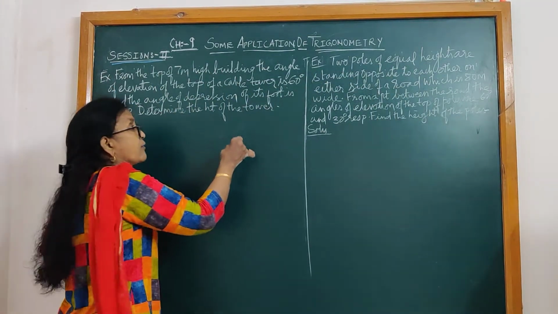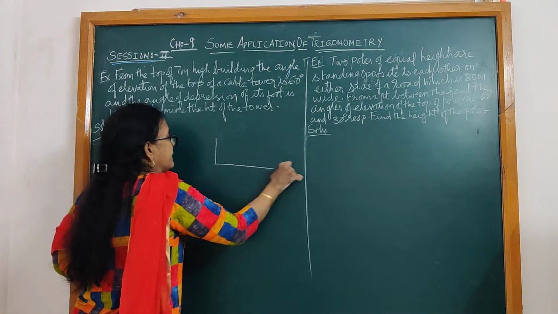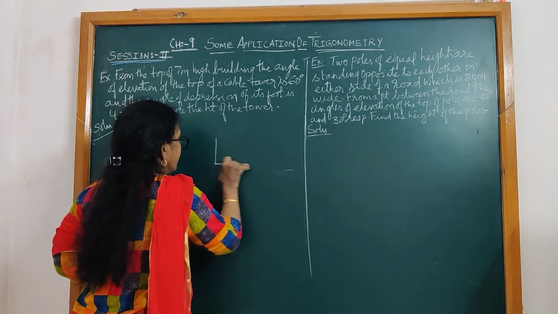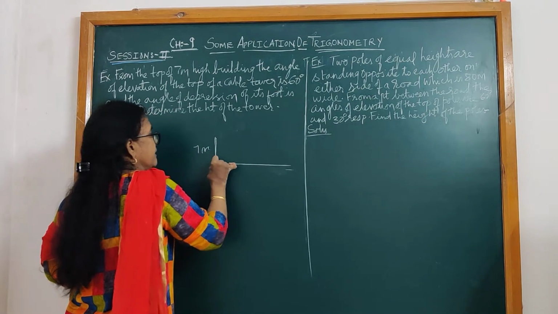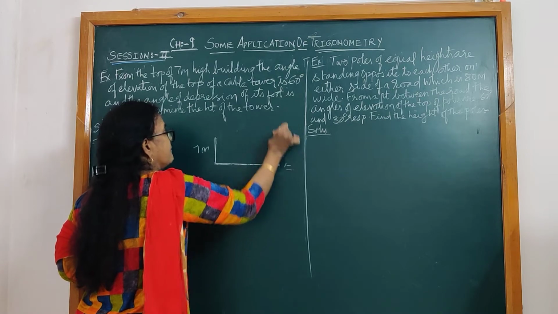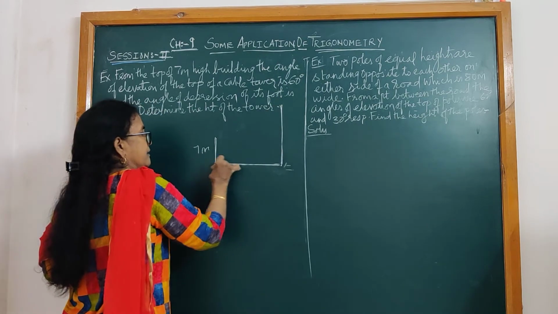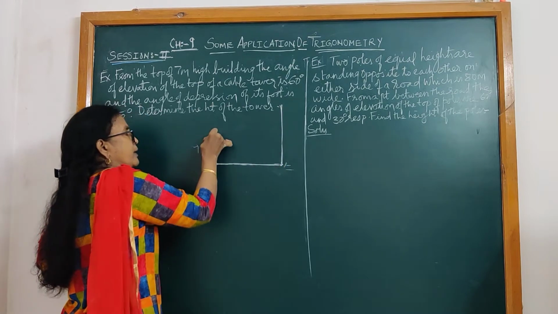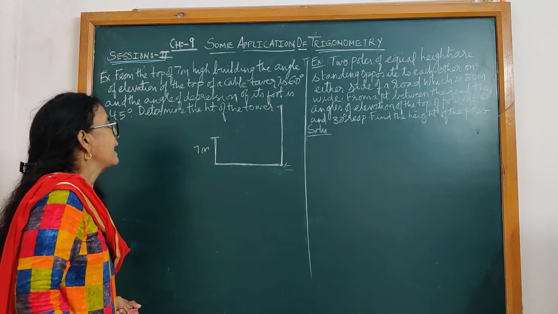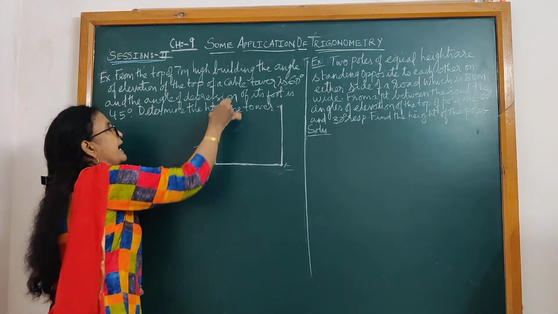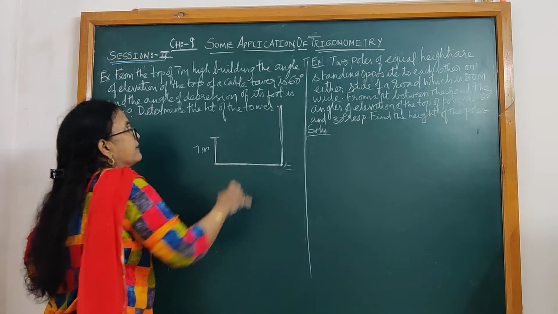The figure we will draw: this is a 7-meter high building, and this is a tower. You are standing on this 7-meter high building and looking at the top of a cable tower.